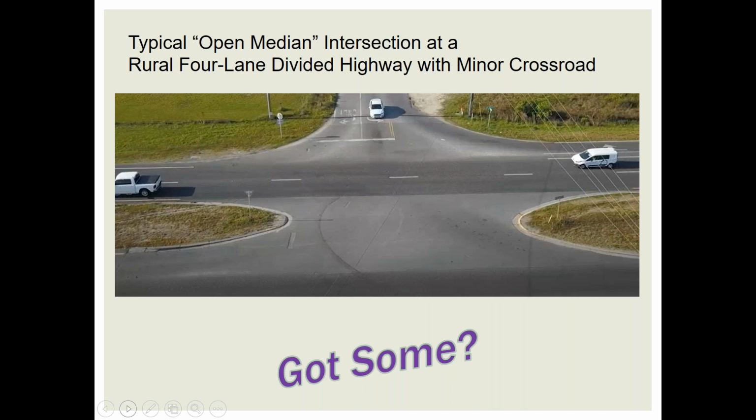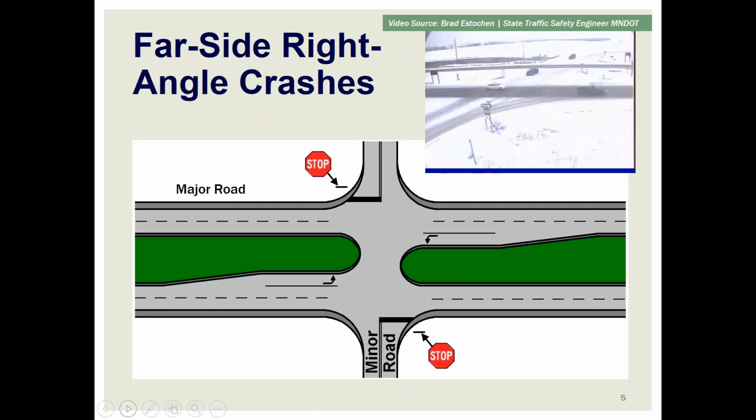You might be able to store a small passenger car in there, but certainly not a truck. And even if you can hang out in the middle there, there's conflicts with vehicles that are turning left from the major to the minor and traffic coming out from the minor. So it was these types of intersections that really led to the restricted crossing U-turn intersection.